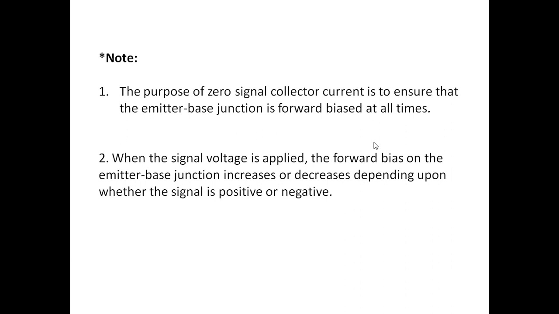When the signal voltage is applied at the input side, the forward bias on the emitter base junction increases or decreases depending upon whether the signal is positive or negative.